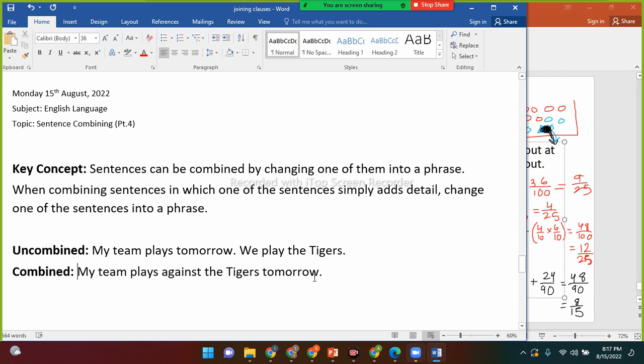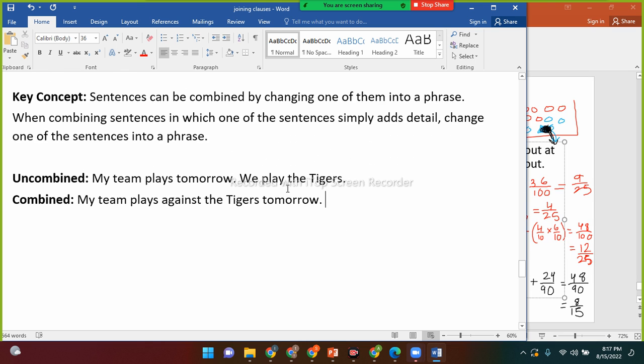Instead of having two of them, we just combine them into one, and it makes sense. Here we have two simple sentences, and here we have one that is a little bit more complex, and plus it shows skill in bringing two ideas together.